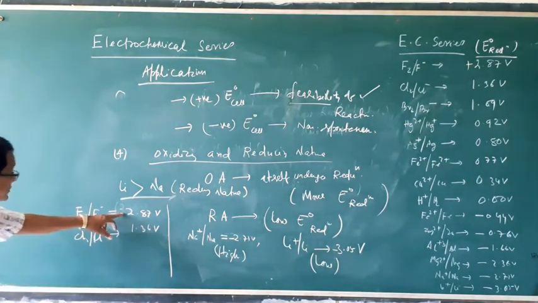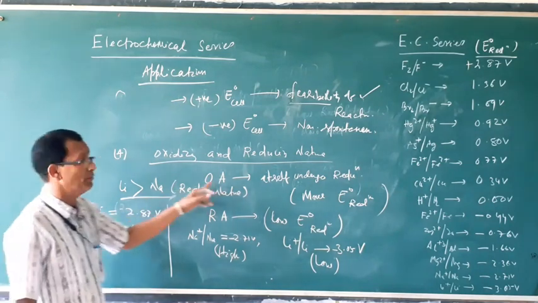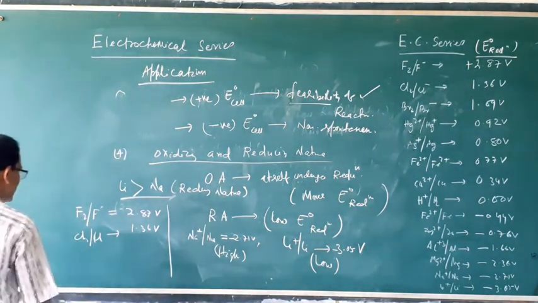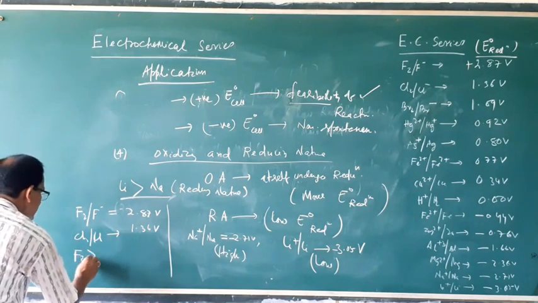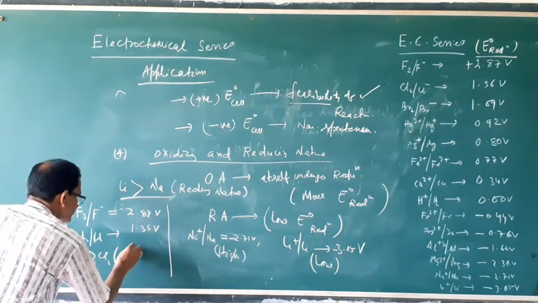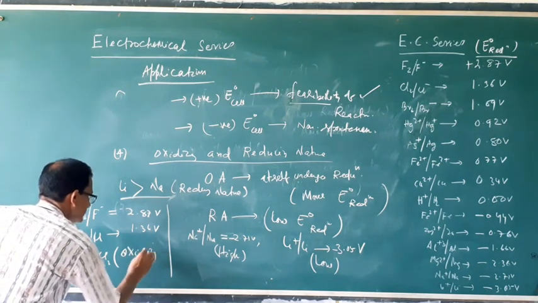So high reduction potential means a better oxidizing agent. So for oxidizing character, fluorine is greater than chlorine. That is oxidizing nature.